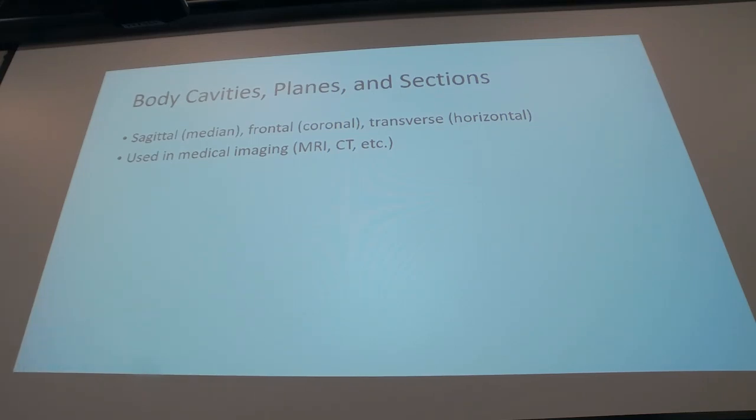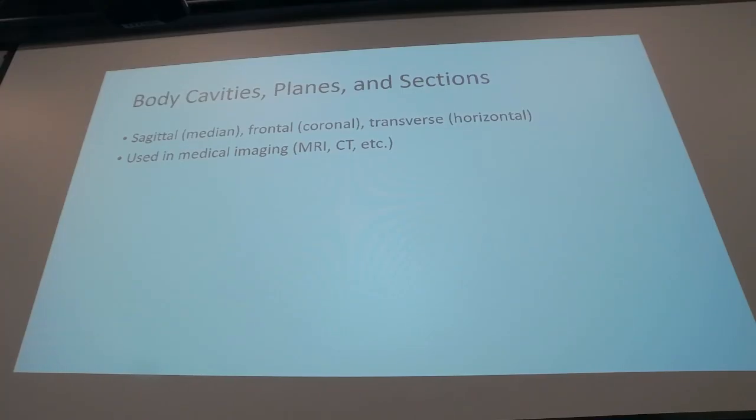So last time we were looking at the different body planes that exist in order to see internally different parts of the body. This will include the sagittal plane that runs from superior to inferior.